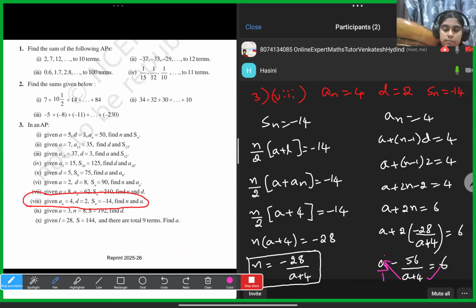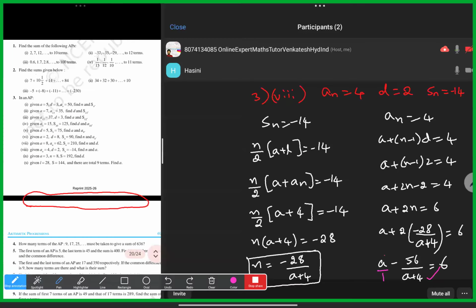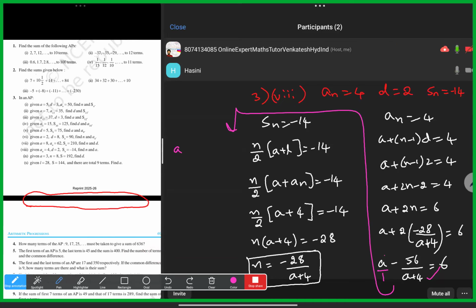So now if I continue solving the sum here, Hasni: a into (a plus 4) minus 56 by 1 into (a plus 4) is equal to 6, Hasni.